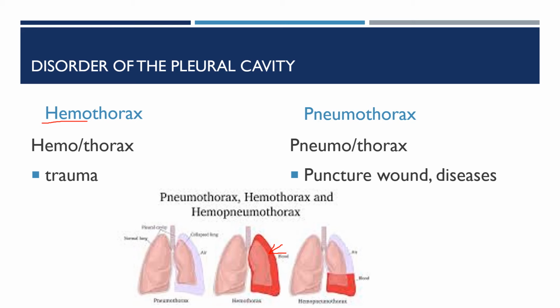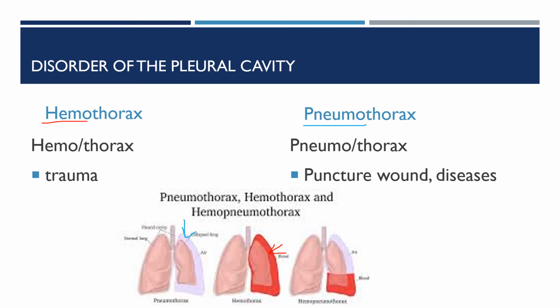Now, similarly, we have a pneumothorax. Pneumothorax is air in the chest cavity. And if we look down at this picture, you're seeing air in here outside the lung. And as a result, air outside the lung causes the lung to what we call collapse.